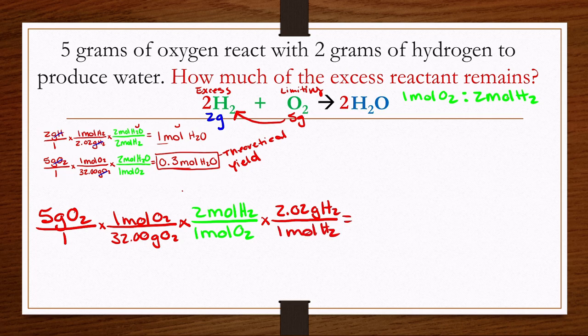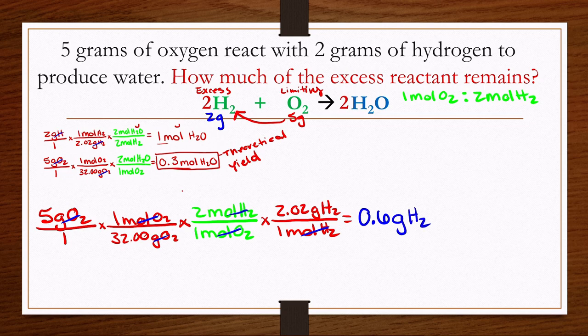All right, so if I take a look through here, grams of oxygen cancels out, moles of oxygen cancels out, and moles of H2 cancels out, and now I'm left with grams of hydrogen. All right, so if I perform this calculation in my calculator, I'm going to type in 5 divided by 32, multiply by 2, multiply by 2.02, and I end up with 0.6 grams of hydrogen.